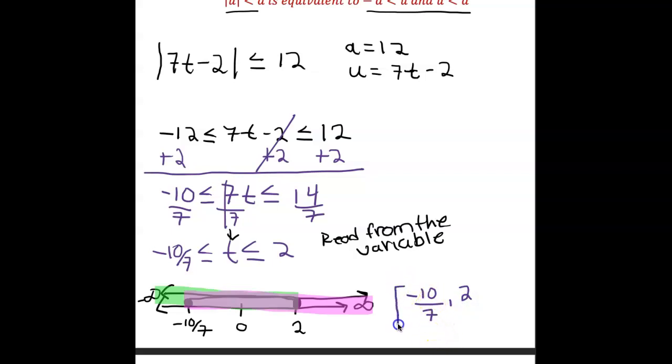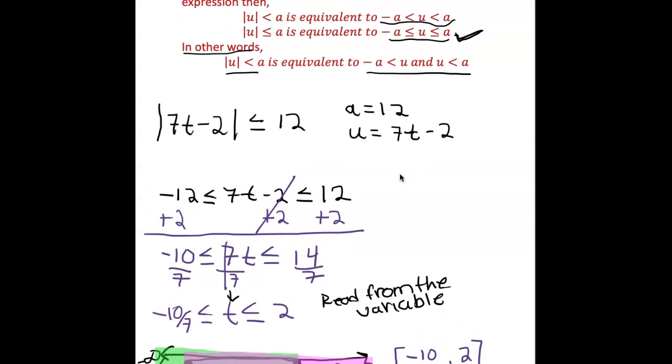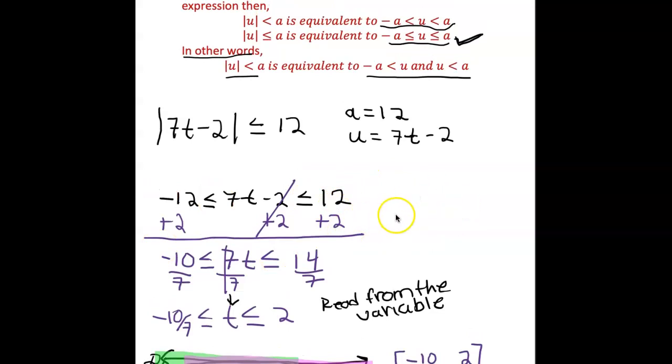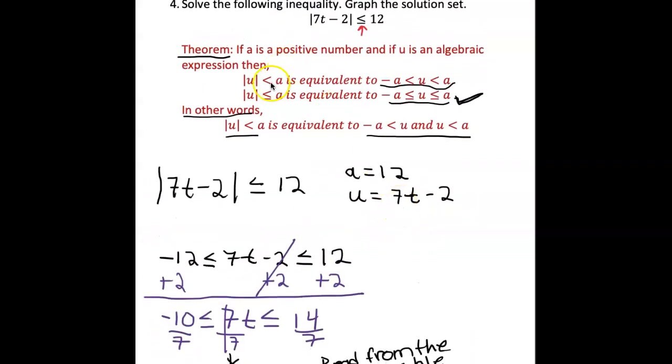Both have brackets because of the symbol and the closed dots. This is your answer in interval notation, the solution set. Keep in mind, I was able to construct the compound inequality based on the theorem.